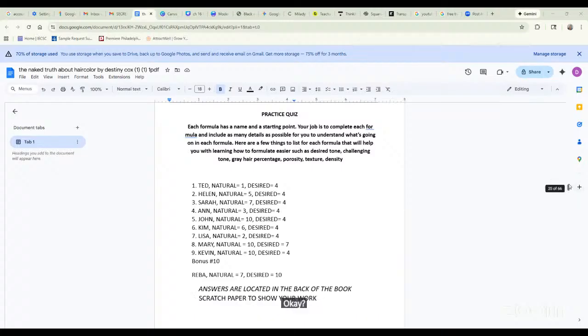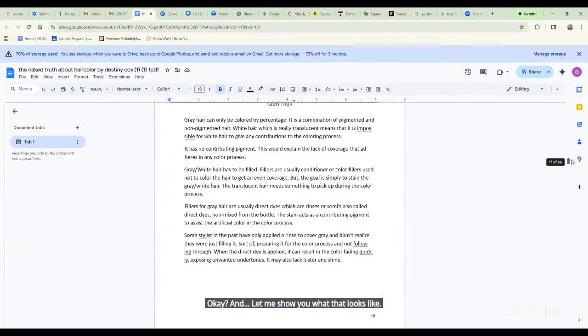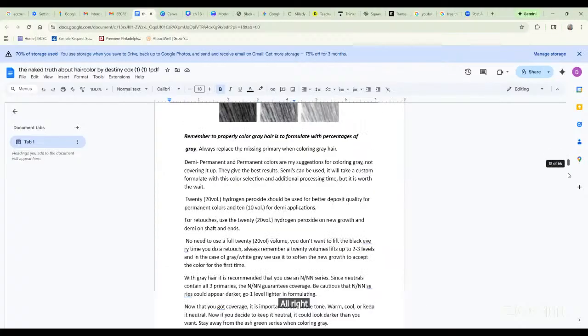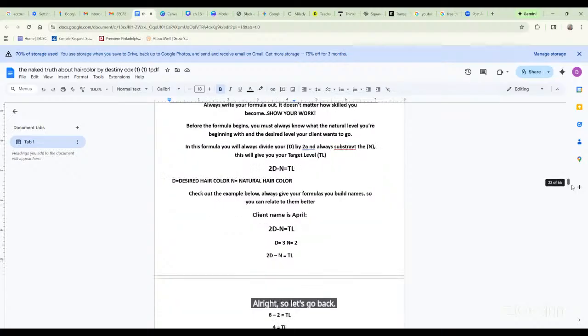And let me show you what that looks like. Here's Ted. He's a black and he wants to be a light brown. Do you see the visual? He's black, but he wants to be a level 4 light brown. All right, so let's go back. Hold on one moment.